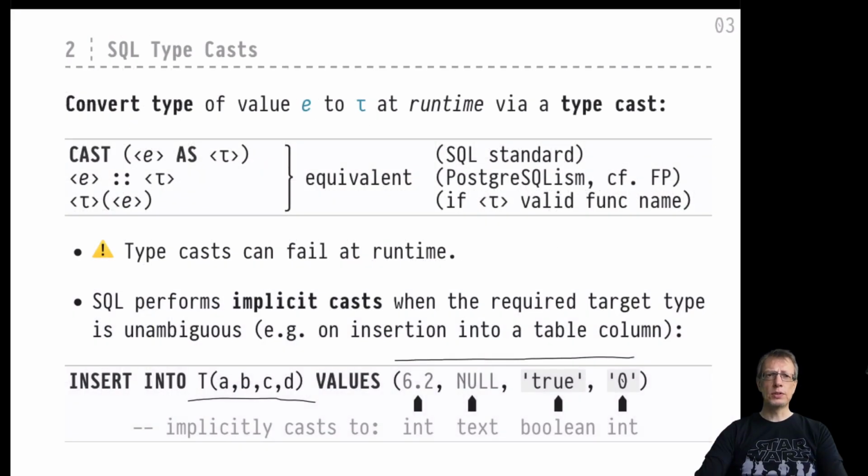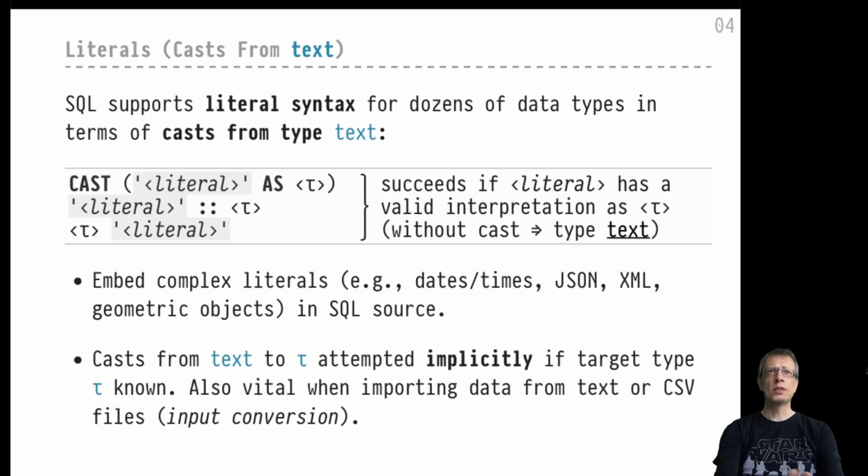Okay, so let's look at this a bit more closely. It's a particular literal syntax, a syntax for literals or constant values that is supported by SQL, and these literals are simply specified as textual strings in single quotes. All right. So what we are talking about is really casts from the text data type to other target data types.